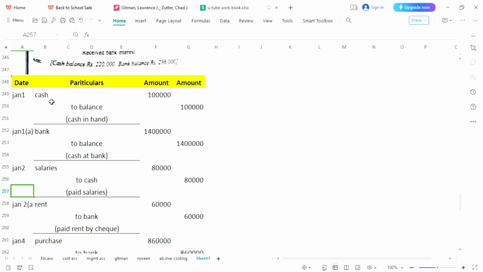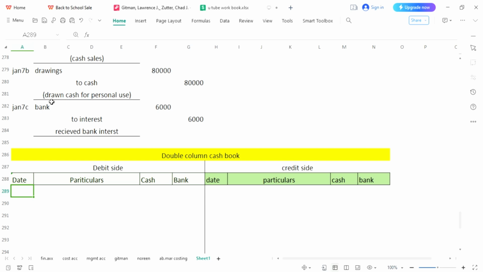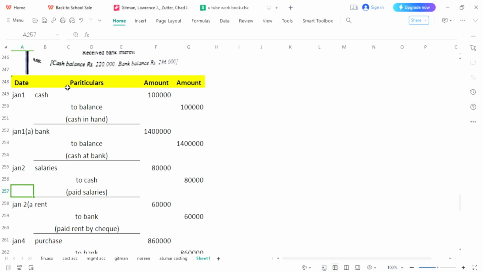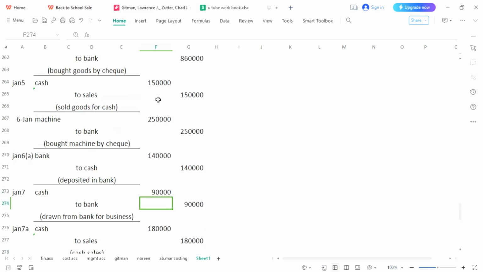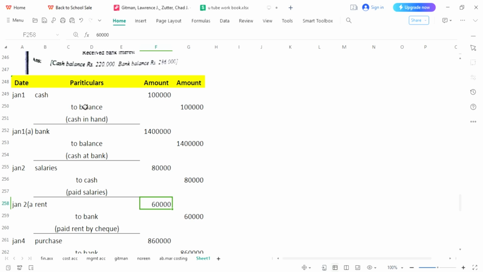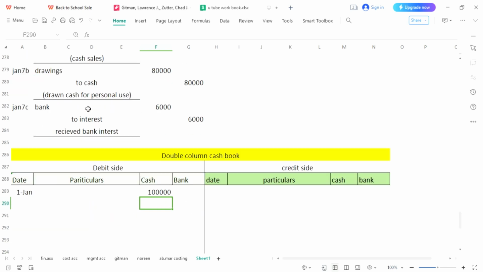January 1, cash is debit. So come over here, write down the first entry, January 1, it's the date. And on January 1, cash is debited by 1 lakh. So you will go to the cash column. And now for reference, what you will see, what is written on the opposite side? To balance.